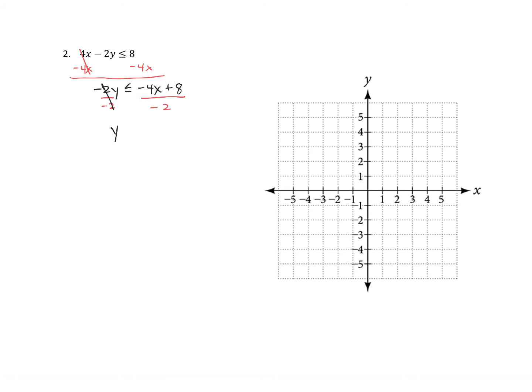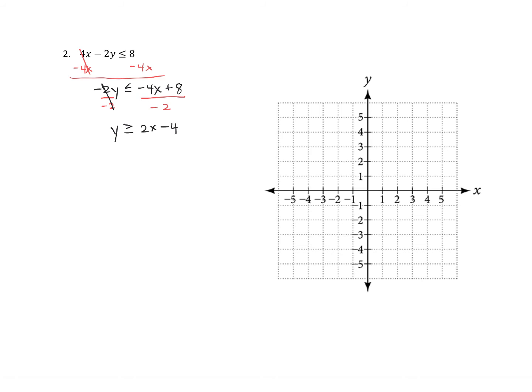So that's going to be y. Remember, if you divide by a negative, you flip your inequality symbol. So now it's going to be greater than or equal to negative 4x divided by negative 2 is positive 2x. And then 8 divided by negative 2 is negative 4. So I've now gotten my y isolated on the left-hand side.